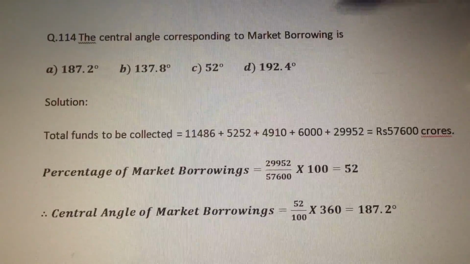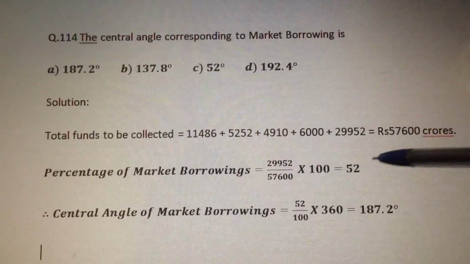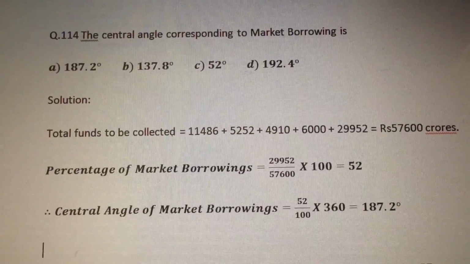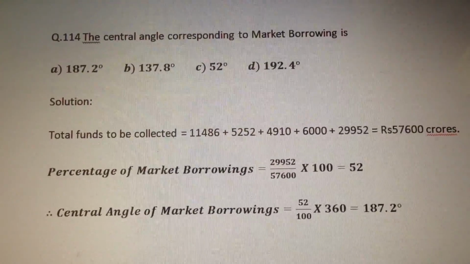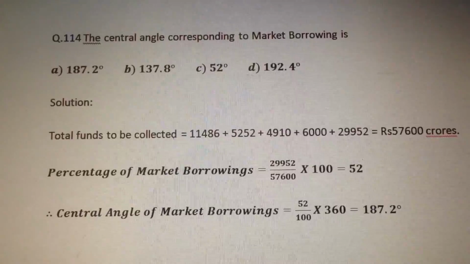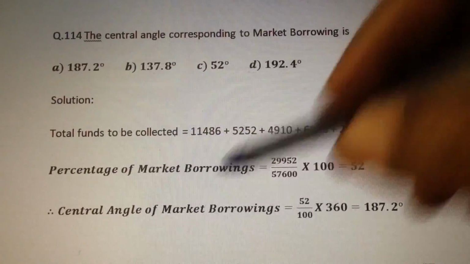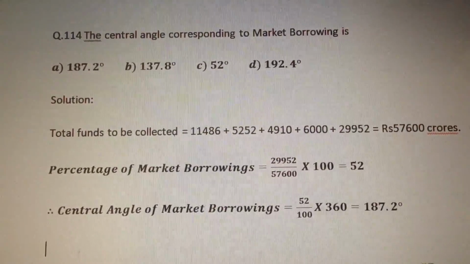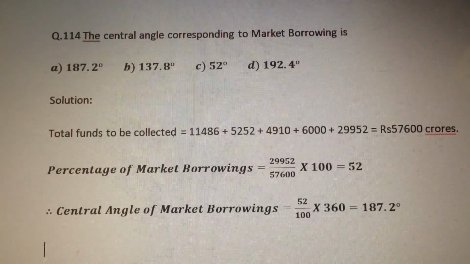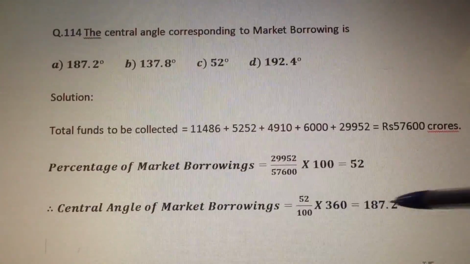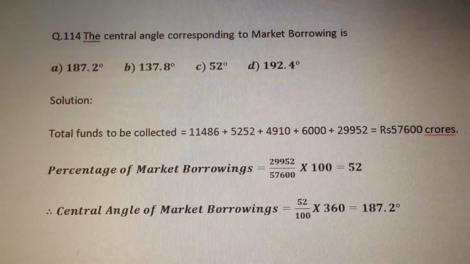So, market borrowings comprises 52% of the total collection. So that means the central angle of market borrowings is nothing but, total angle is 360, and 52% of 360 is 187.2 degrees.